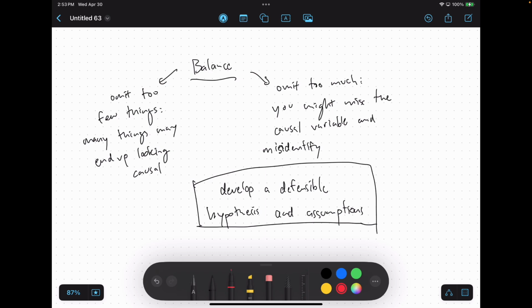Because you see the relationships. So at this point, it's not about building the regression model and adding variables and relationships. It's about just developing a hypothesis of what the relationships are.